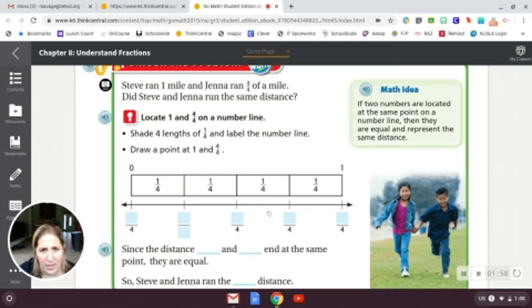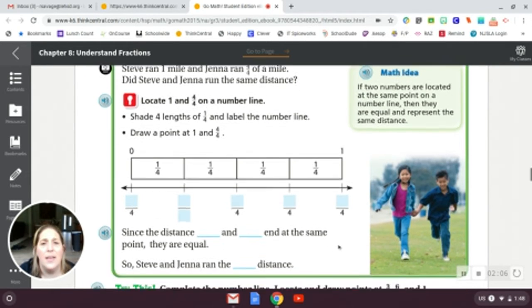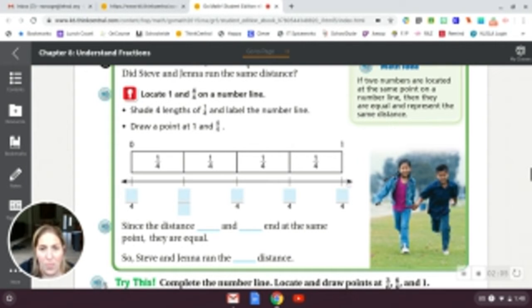Here we're at 3/4, and here we would be at 4/4. And since 4/4 is the same part on this line as 1, they end at the same point. I would put a point here for 4/4 and for 1. I know that 4/4 and 1 are equal to each other, so Steve and Jenna ran the same or a different distance. What do you think?